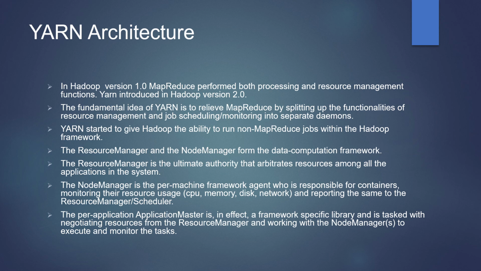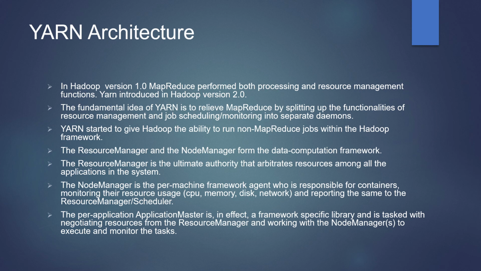Node manager is a per-node framework, meaning in every node we will have a node manager. It monitors resources like CPU, memory, disk and network and reports these to the resource manager or the scheduler.